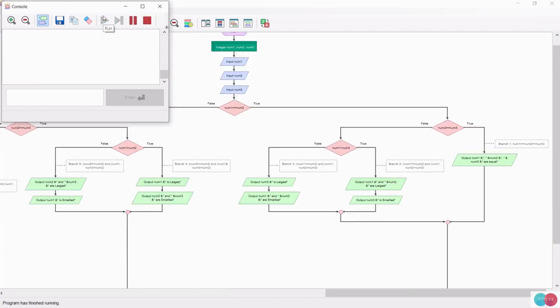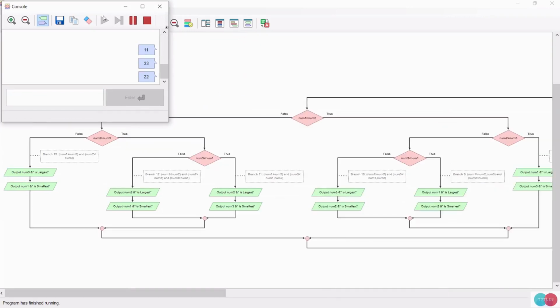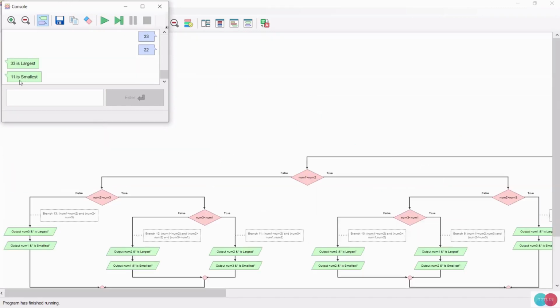Now we will see the ninth scenario. Ninth scenario is second number is largest and first number is smallest. So 11, 33, 22. So second number is largest and first number is smallest.